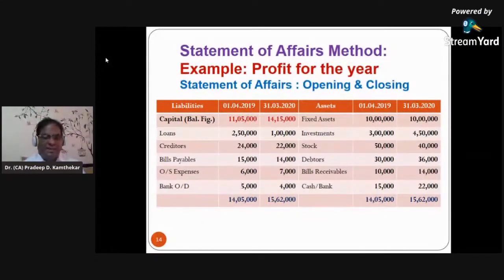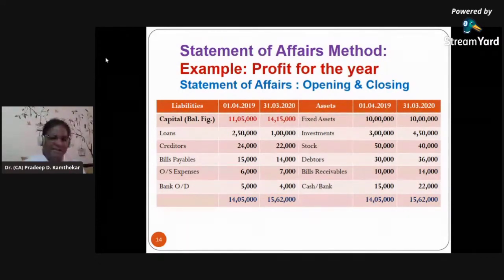In this example, you see, we have one statement of affairs which looks like a balance sheet on the opening date and closing date also, side by side. And on the left hand side, you see the very first figure is the capital, and that is the balancing figure. In the 1st April 2019 column, what we get is the opening capital, and on 31st March 20, what you can see is the closing capital.